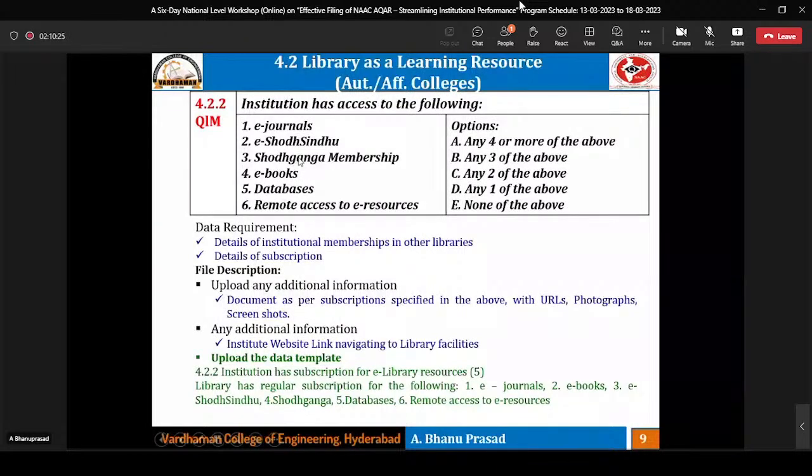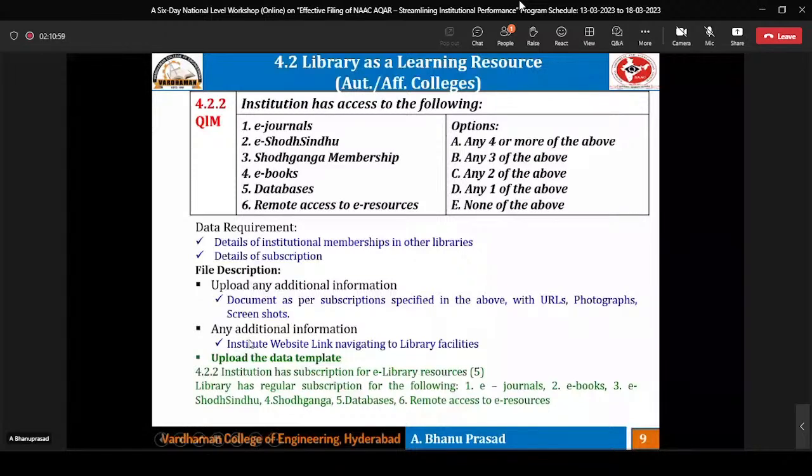And the data requirement is details of the institutional membership in other libraries, where it is not only developed by us, or we can take membership from other libraries. And details of those subscriptions can be uploaded, with documents as per the subscription specified above, with URLs, photographs or screenshots of the respective navigated link, and all these facilities can be uploaded.